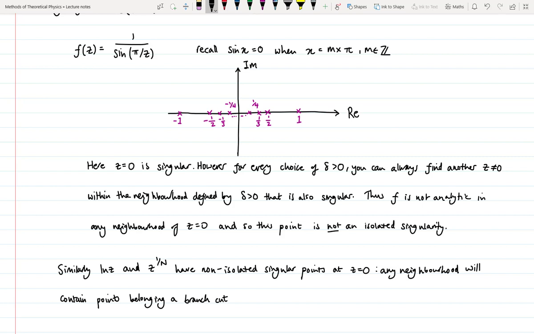You'll recall that we used branch cuts to restrict the input to our function in order to guarantee that it was single valued. And we got single valuedness at the expense of a discontinuity across the branch cut. So as a result, these functions are not continuous, and so they are not analytic in a neighbourhood about z equals 0.